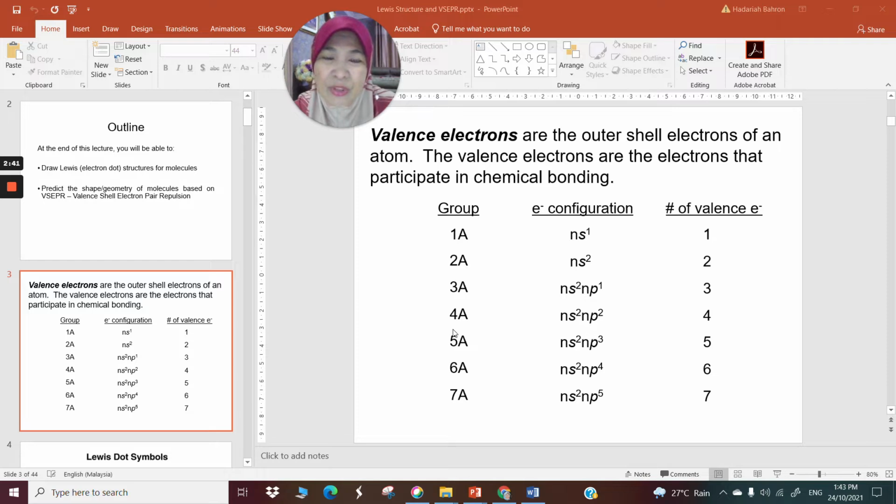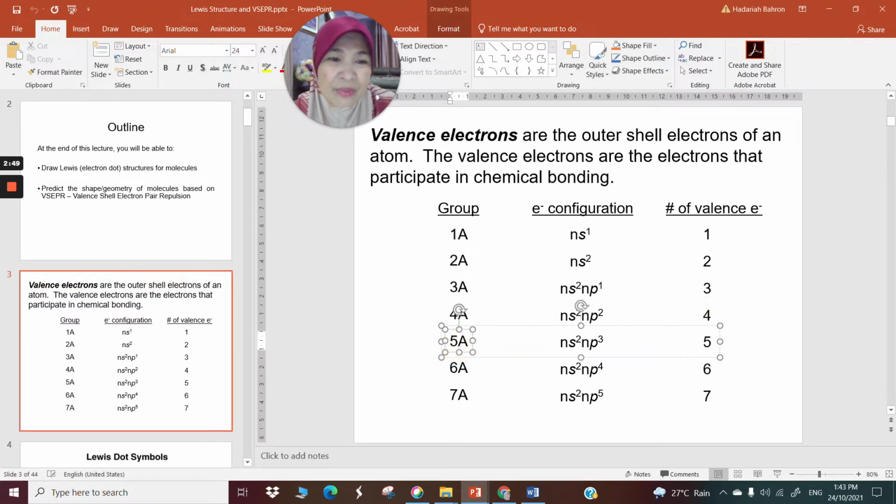Next, the fourth group, s2p2, 4 valence electrons. For group 5, you have 5 valence electrons because the electron configuration is s2p3.